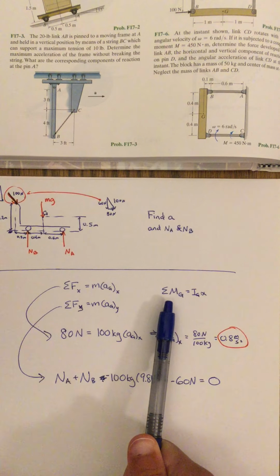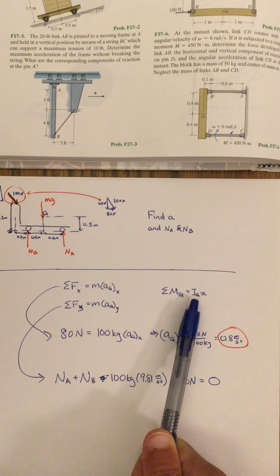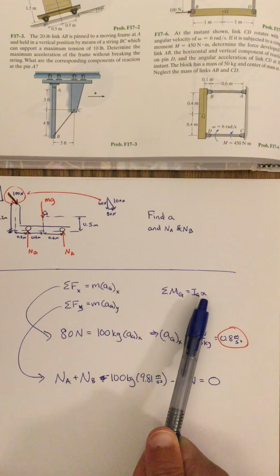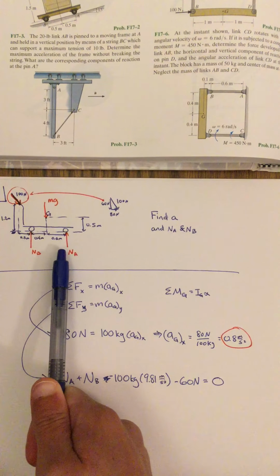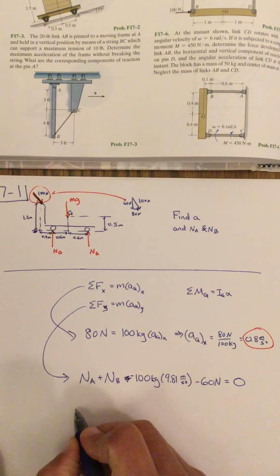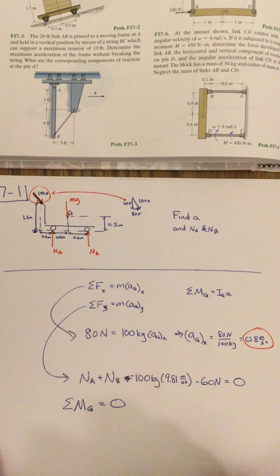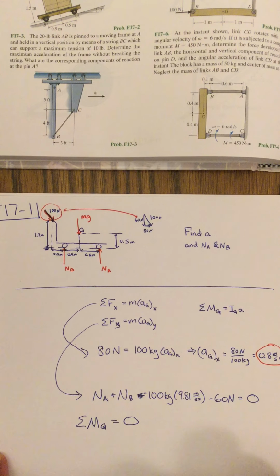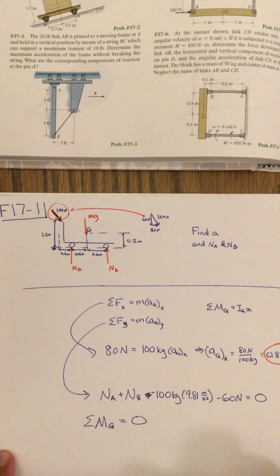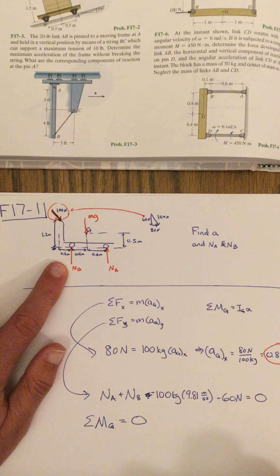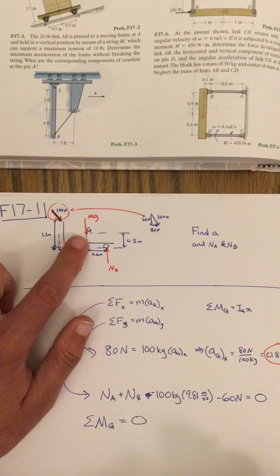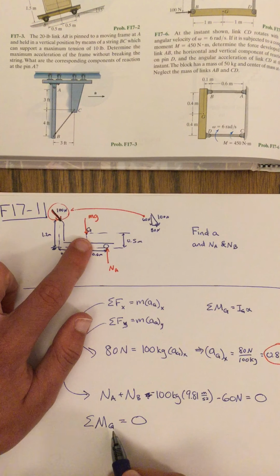So we have the sum of the moments of the external forces is equal to the moment of inertia times the angular acceleration, but the angular acceleration here is 0. So we have the sum of the moments is equal to 0. And so if we go back and look at our picture here, if we do the sum of the moments about point G, the force of gravity is acting at the mass center, so that is 0.